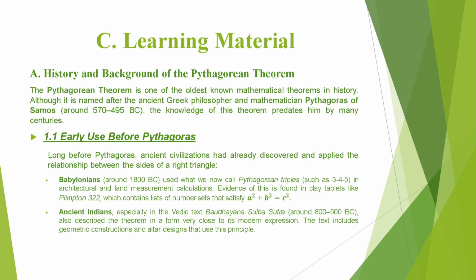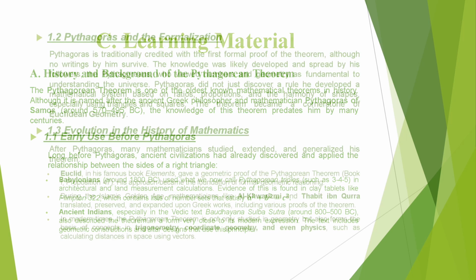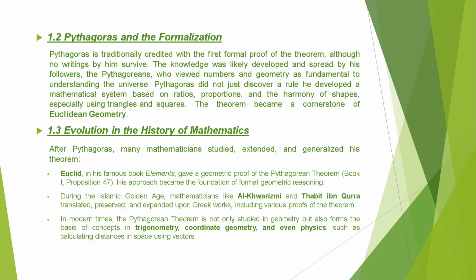Ancient Indians, especially in the Vedas, in the Baudhayana Sulba Sutra around 900 to 500 BC, also described the theorem in a form very close to its modern expression. The text includes geometry, construction, and altar designs.